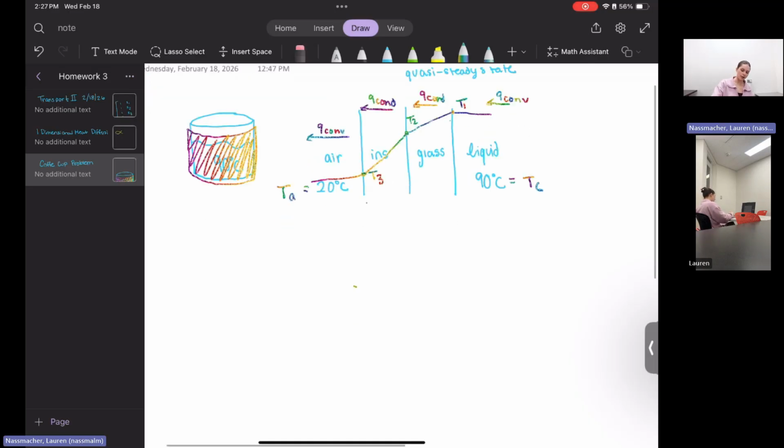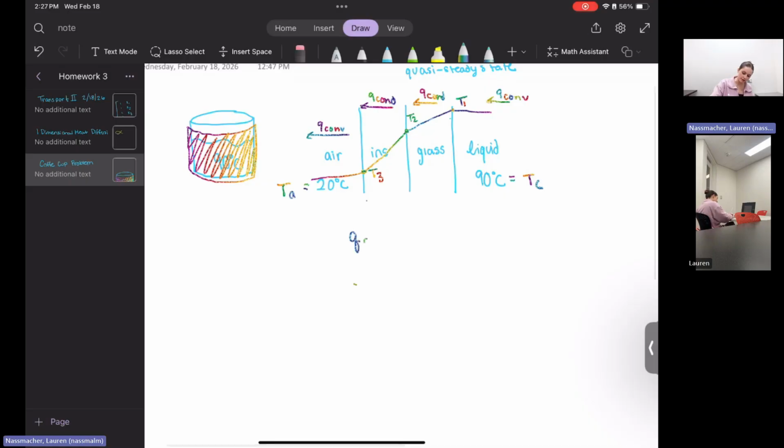Through Fourier's law, we know that the equation for heat loss by conduction is equal to our thermal conductivity multiplied by our area multiplied by the temperature difference. And in this case, it will also be over a certain length because there's a length of glass that the temperature is decreasing through and a length of insulation that this temperature is decreasing from.